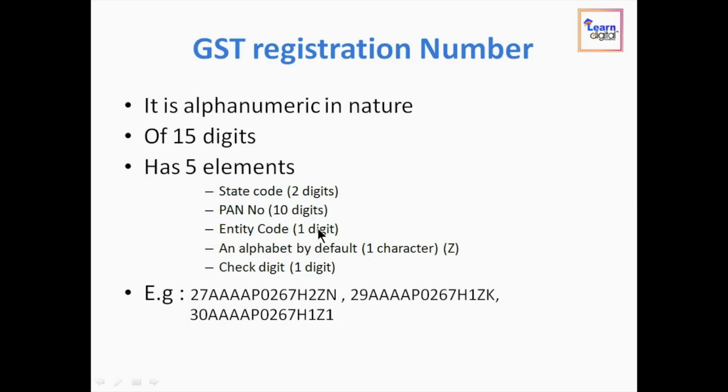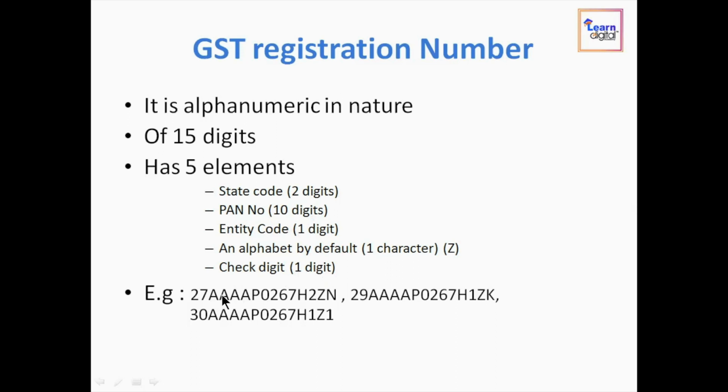Then the entity code, which is 1 digit, is given by the government. The next character is Z, which is an alphabet by default, a single character. And the last one is a check digit, which can be a number or a letter, anything. So here are the examples.